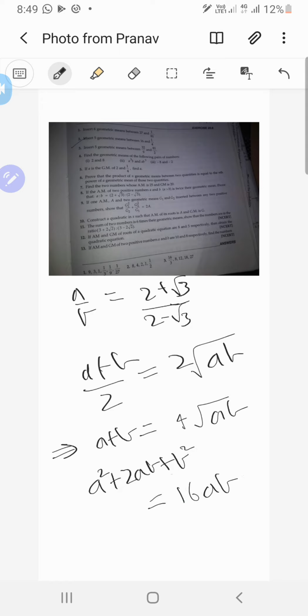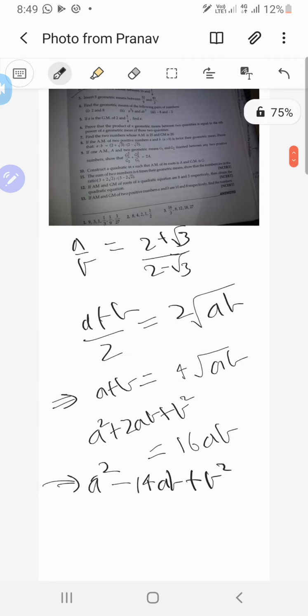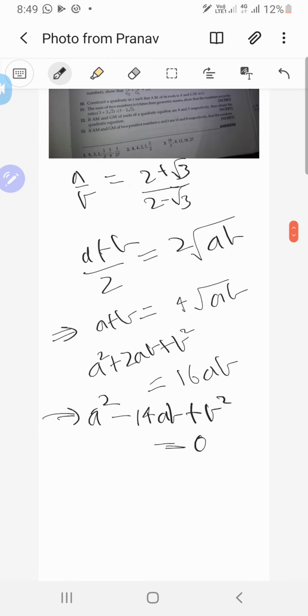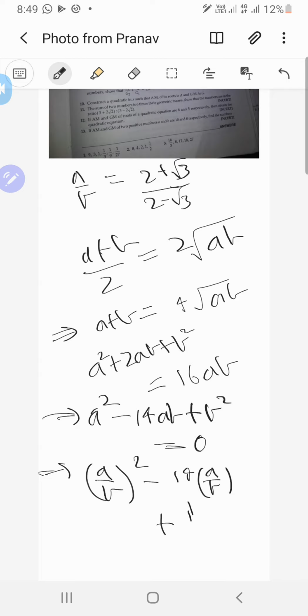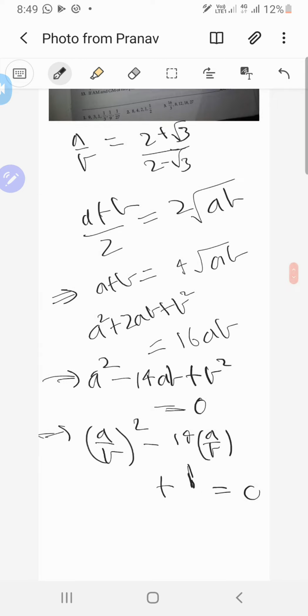Which means that a squared minus 14ab plus b squared is going to be equal to 0. So now I'm going to divide this by b squared. That will give me a upon b whole squared minus 14 into a upon b plus 1 is also equal to 0.